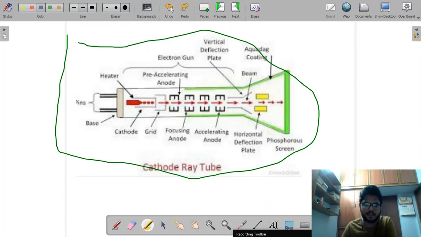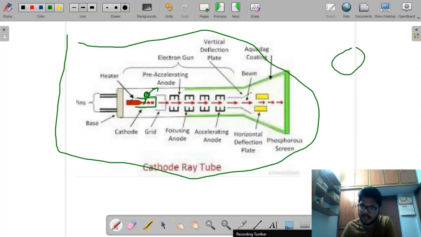See, this heater will heat up this cathode. When the cathode is heated up, the barium oxide layer on the cathode releases electrons. How are electrons released?